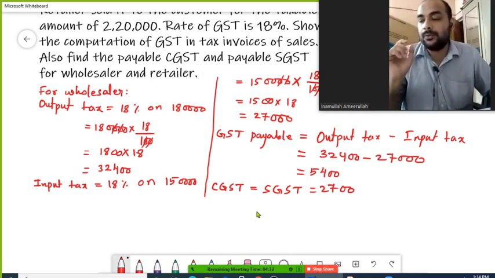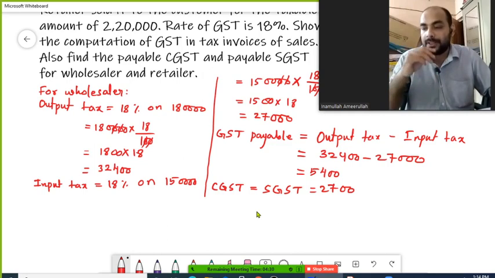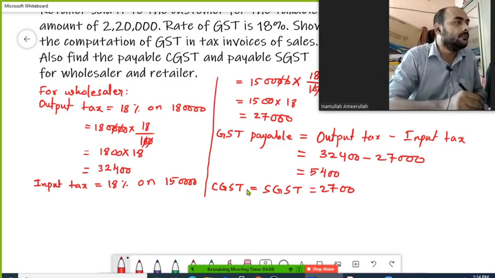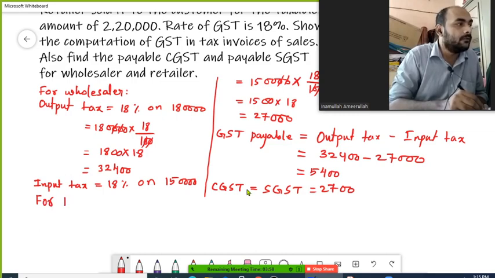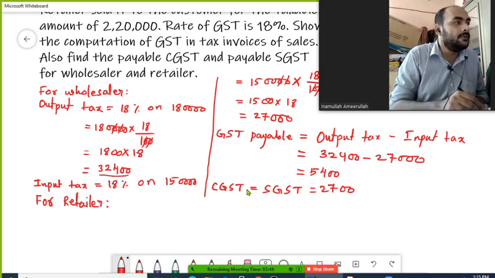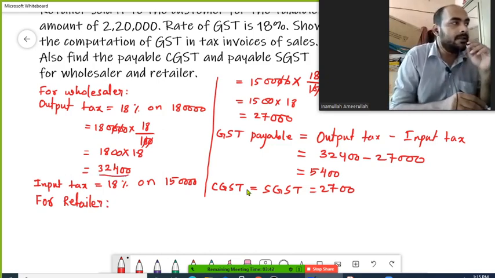output tax would be 18% of 2,20,000 and input tax will be the same as the output tax of the wholesaler, that is 32,400. Look, this 32,400 amount is received by the wholesaler from the retailer.